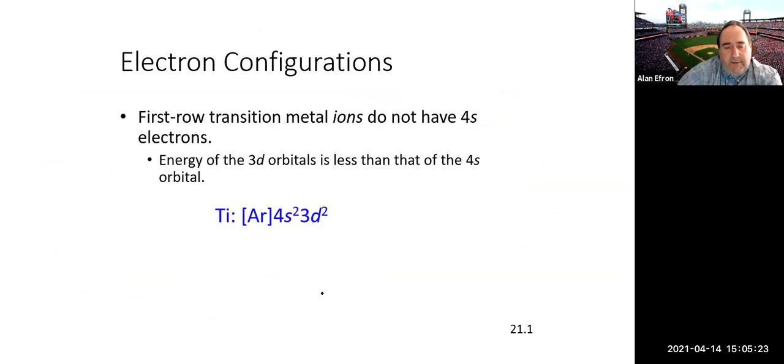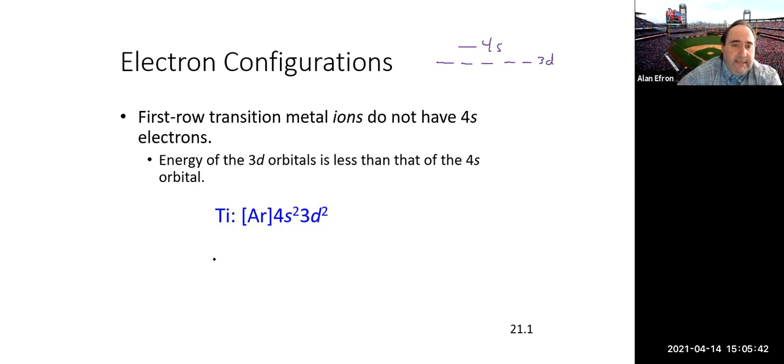I jumped on this a little bit earlier, but because of that switch in energy between the 4s and the 3d orbitals, the 4s orbitals and electrons end up being higher in energy.